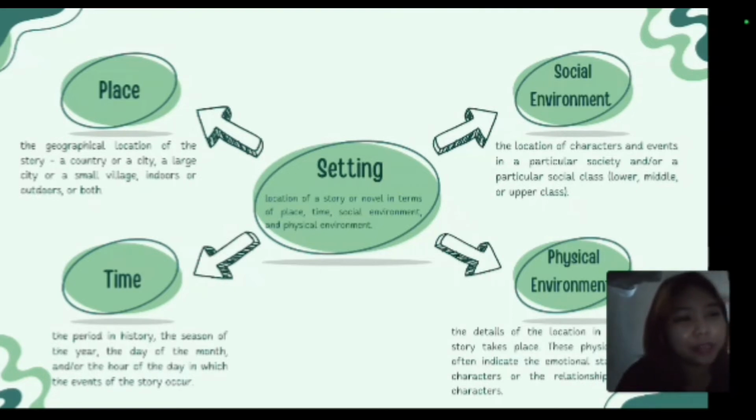Now, in the social environment, we have to identify or analyze the factors that are affecting the storyline and the characteristics, because of course characters have different characteristics, right? And people as well. We can also relate that in real life.